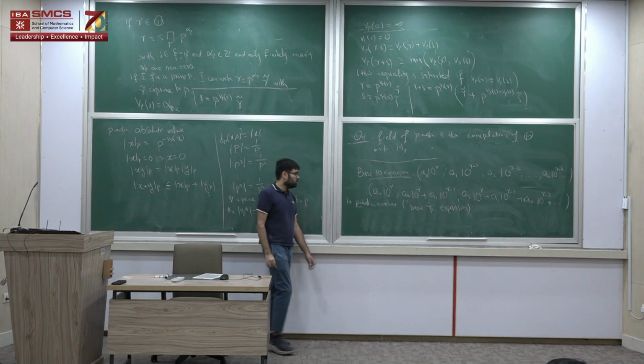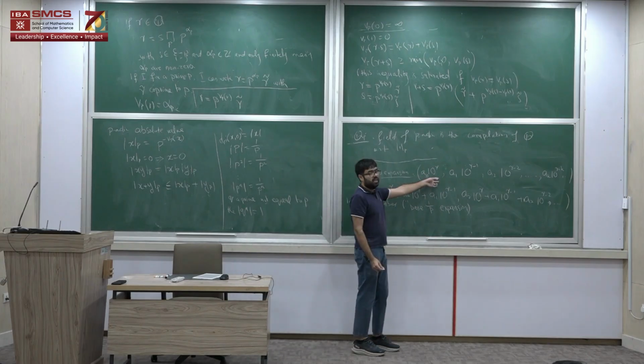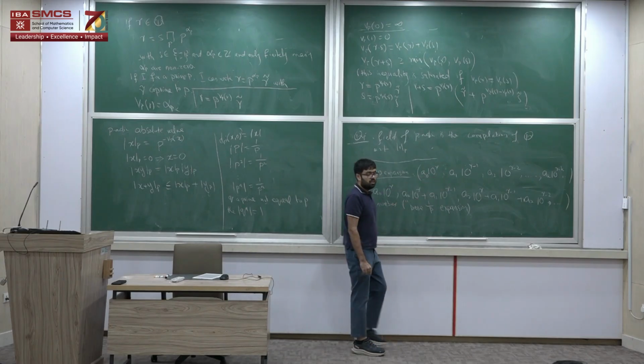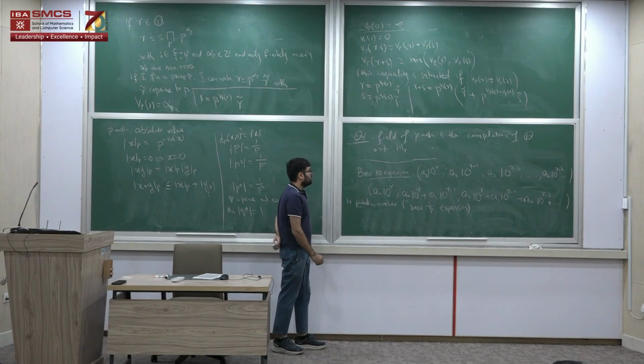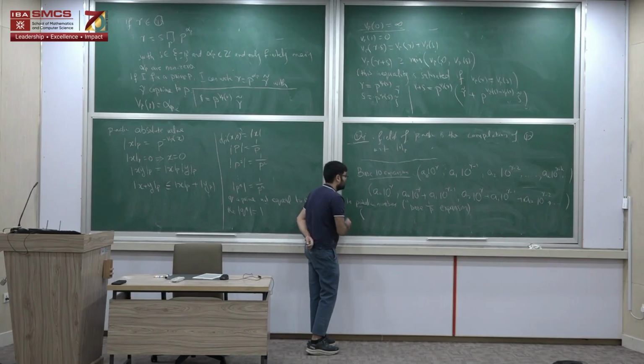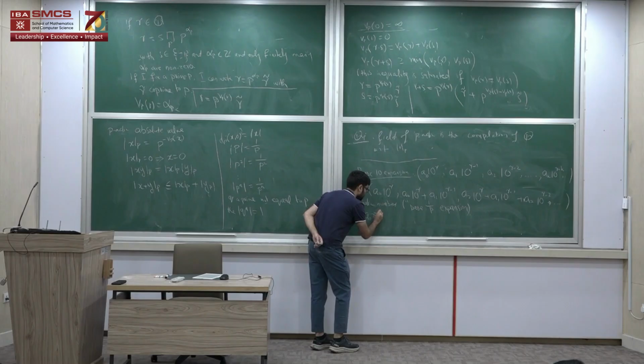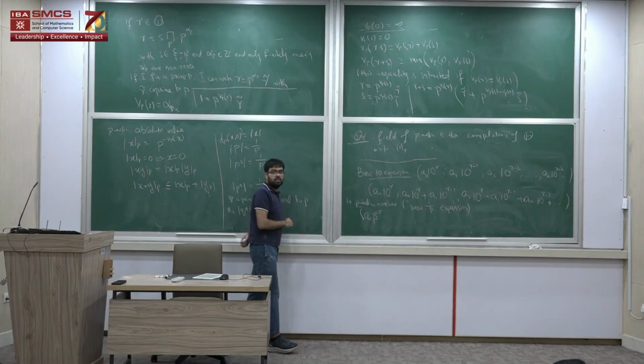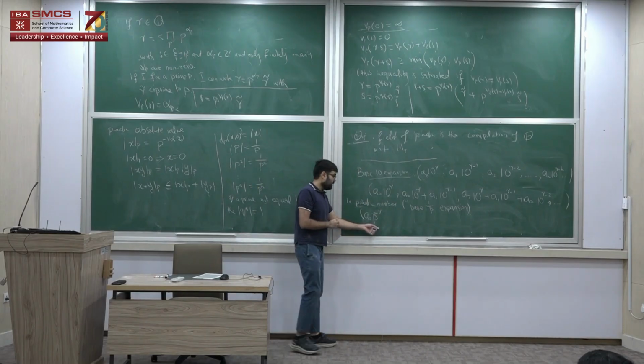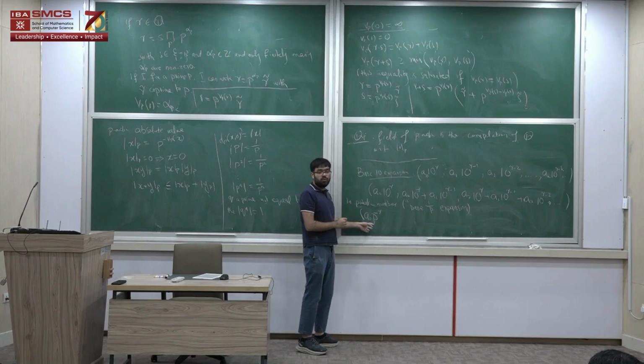So, what I mean by this, I can have an analog of this sequence, which is, let us say, a0, and then I have p to the minus r. And this a0 is between 0 and p minus 1.